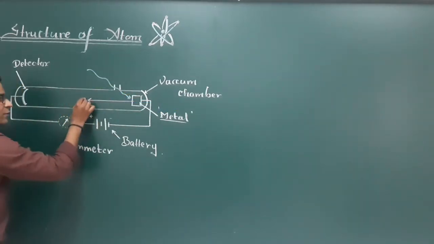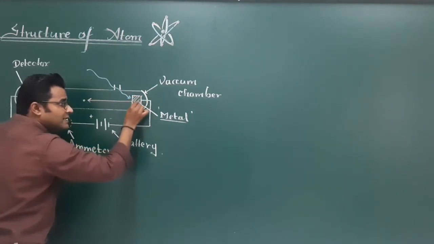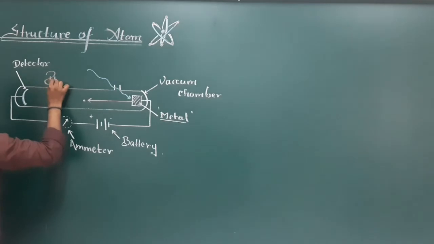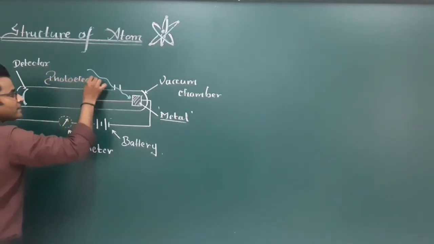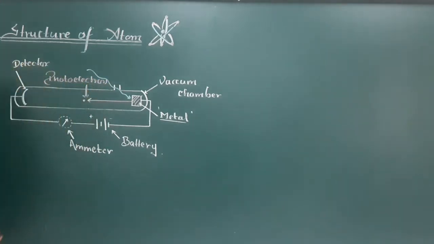This particular electron, which has been ejected from the surface of the metal, we call the photoelectron. So this is your photoelectron here.